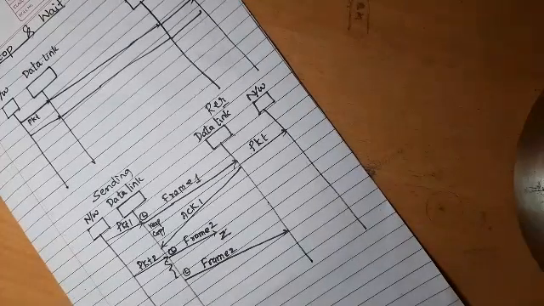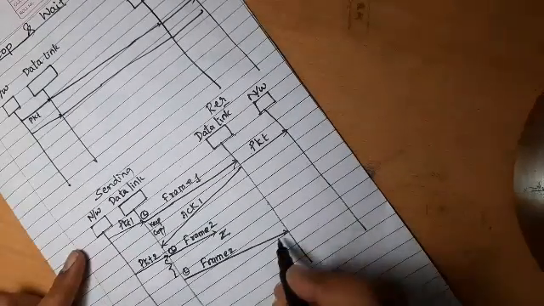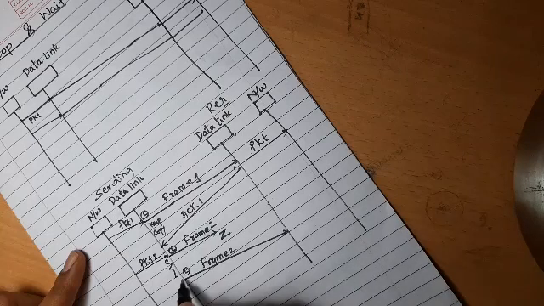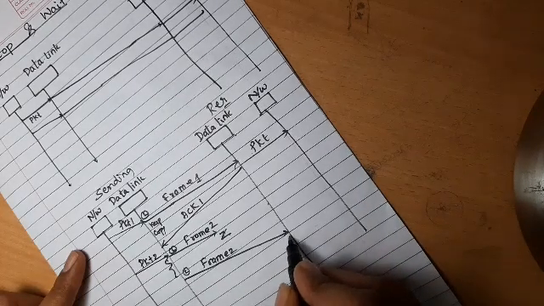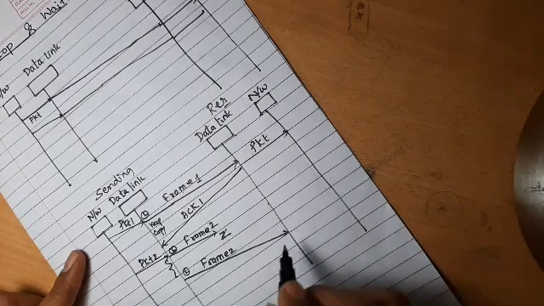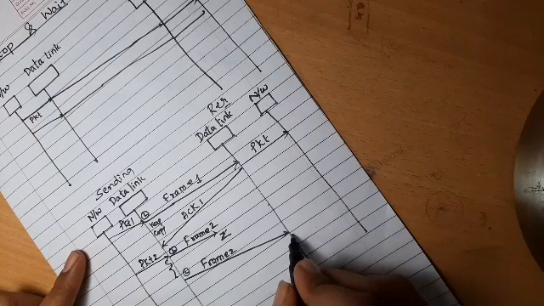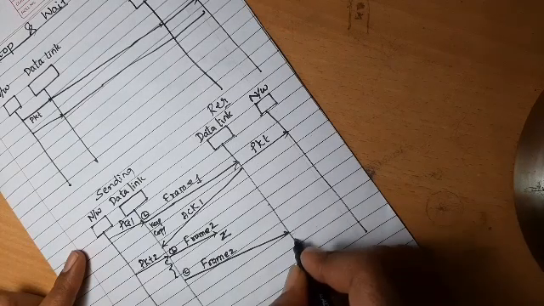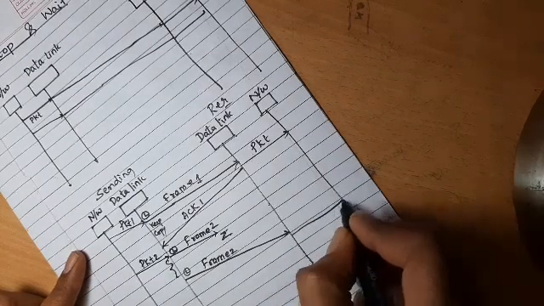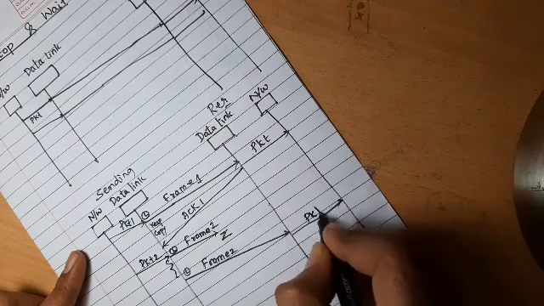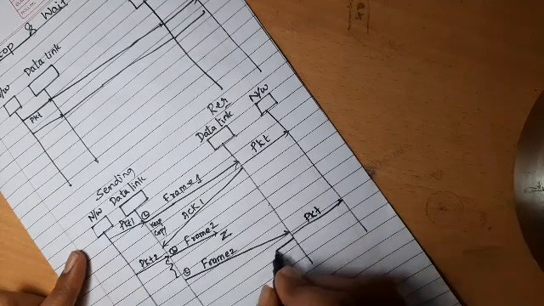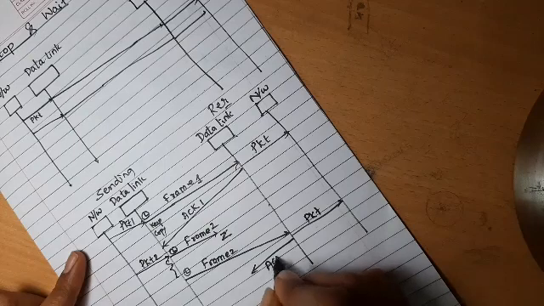Now I will talk about one more situation here. Frame 2 has been sent, the timer is set. Now I will assume that this frame has arrived in proper shape at the receiving side. The receiver hands over this packet to the higher layer and sends an acknowledgement.